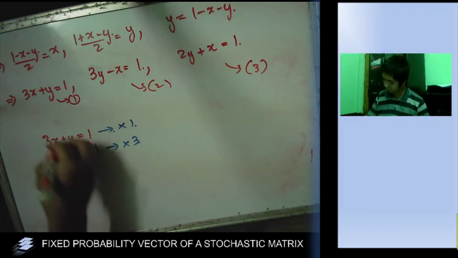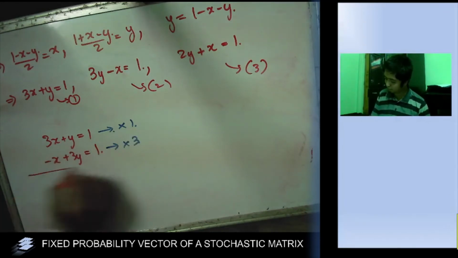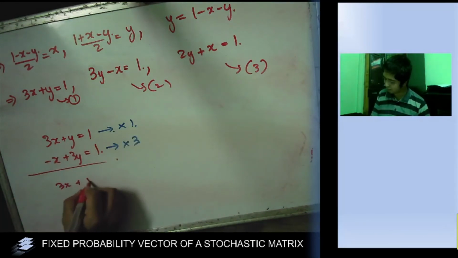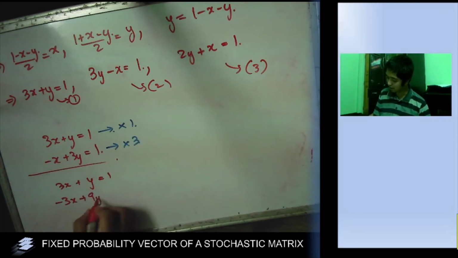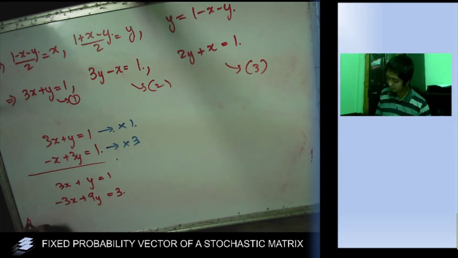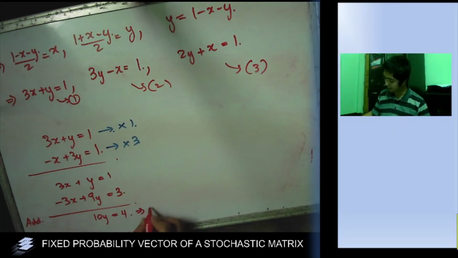You will be having 3x plus y equal 1, and over here you will be getting minus 3x plus 9y equal 3. We can add them. If you add, you will be getting 10y equal 4. So you will be getting y equal 2 by 5.